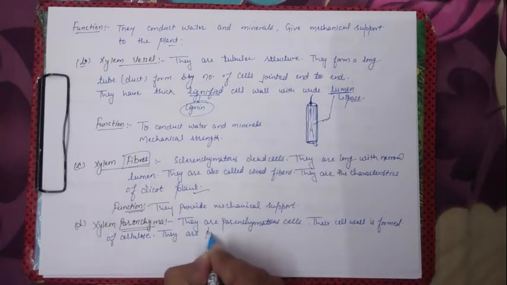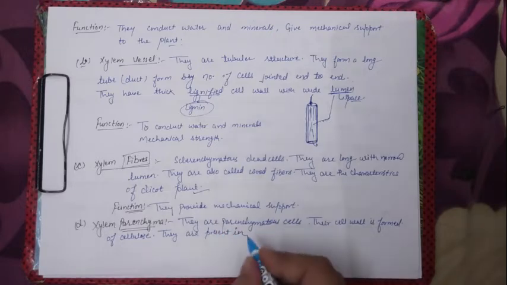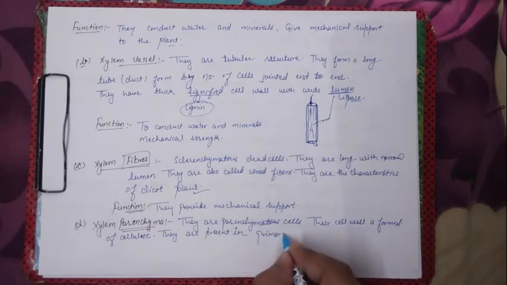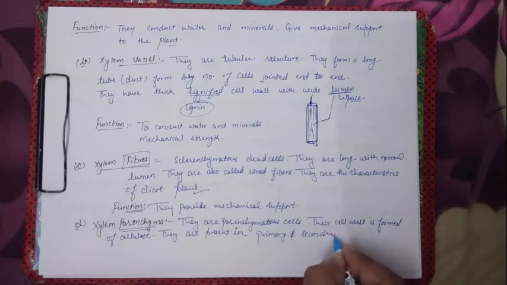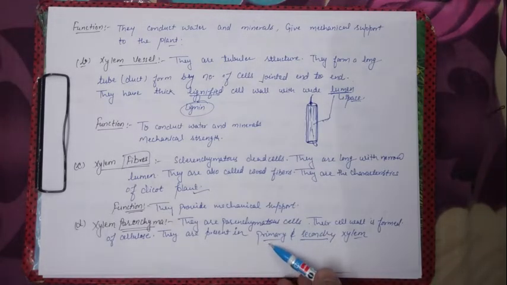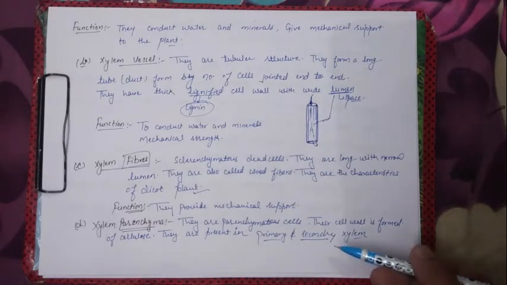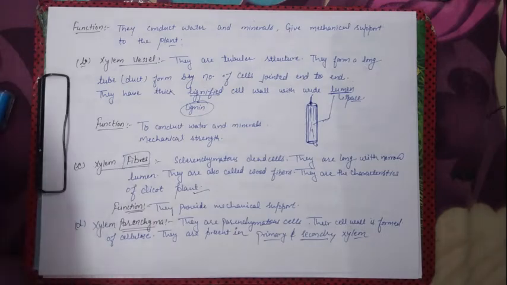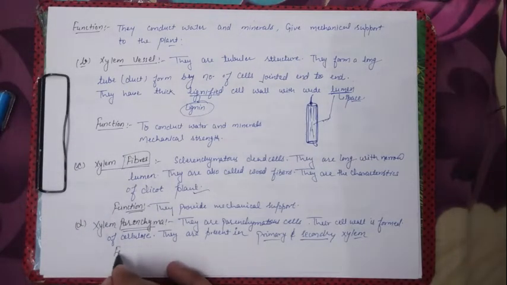They are present in primary and secondary xylem. The xylem part formed earlier is called primary xylem, and the part formed later is called secondary xylem.